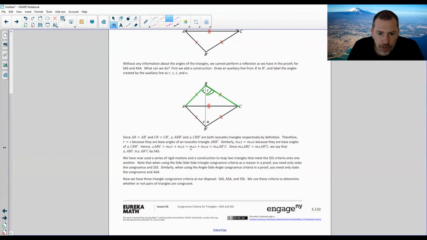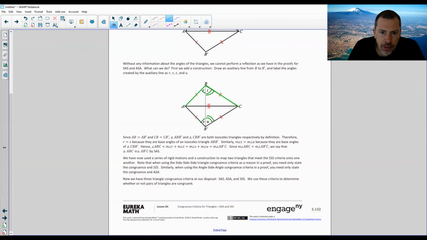So it is also saying ABC equals the measure of R plus T. But that's also equal to the measure of S plus U, because we've already said the base angles T and U are congruent, and R and S are congruent because they're base angles in an isosceles triangle.